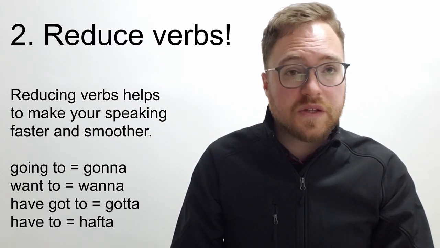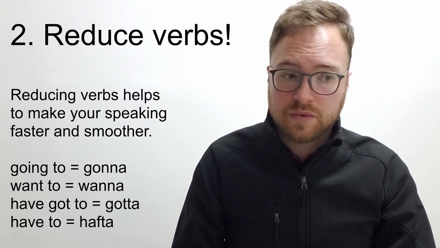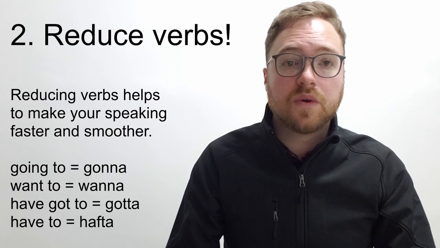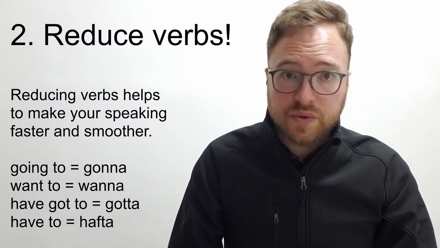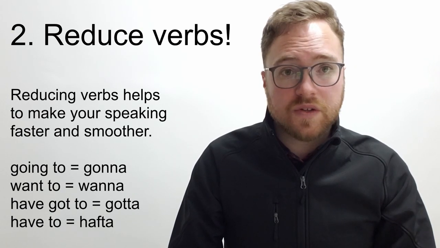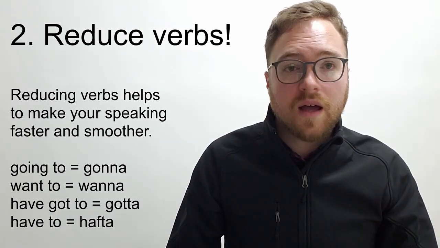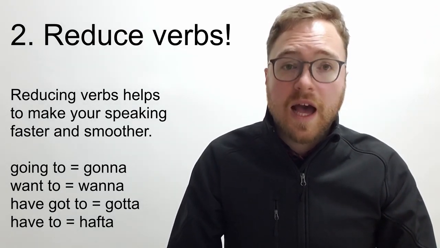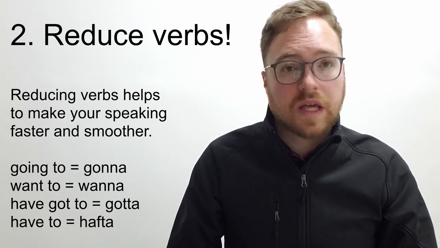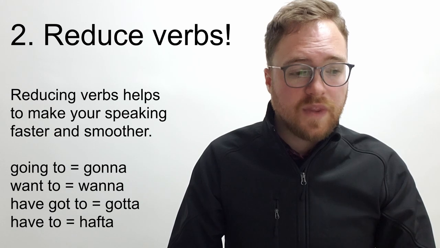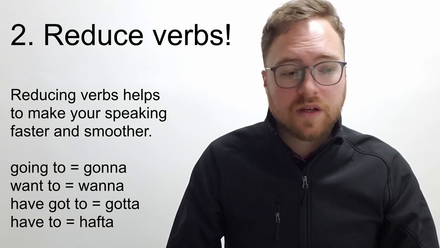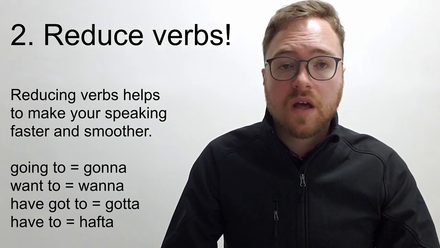The first one is going to. You can reduce it to gonna. Want to, which you can reduce to wanna. Have got to can be reduced to gotta, and have to can be reduced to hafta.